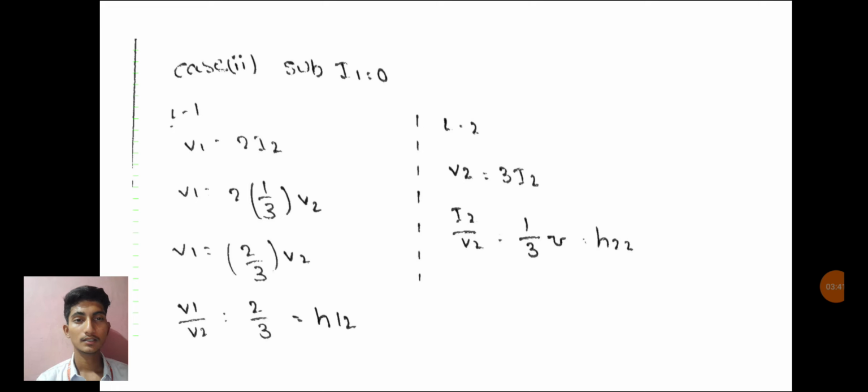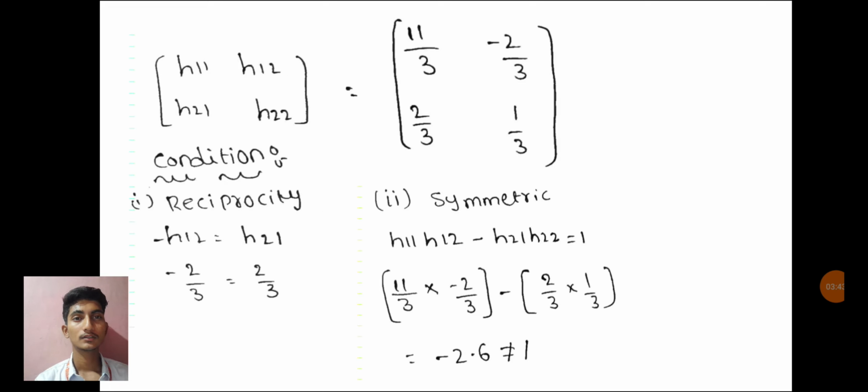This is H12. For the condition of reciprocity, H12 equals minus H21, and 2 by 3 is not equal to minus of minus 2 by 3, so it is not reciprocal.